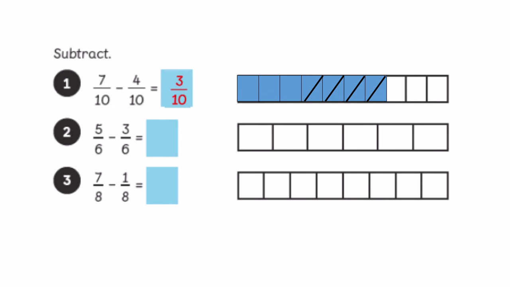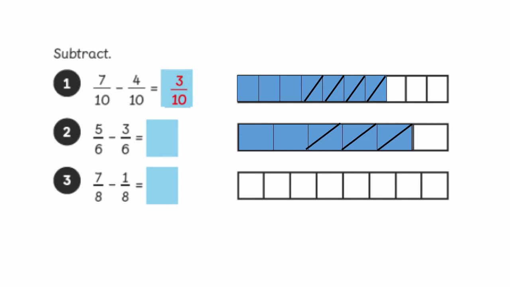Let's have a look at the second one. Now we know when we're subtracting amounts with the same denominator, we can just look at the numerator. Let's do that together. 5, take away 3. 1, 2, 3.